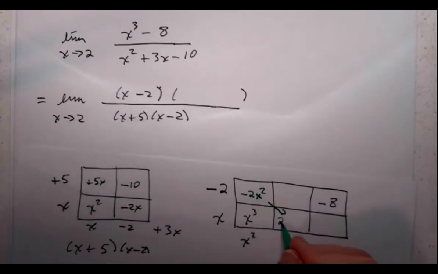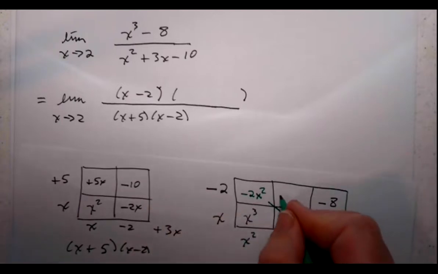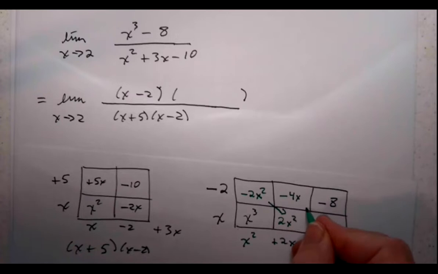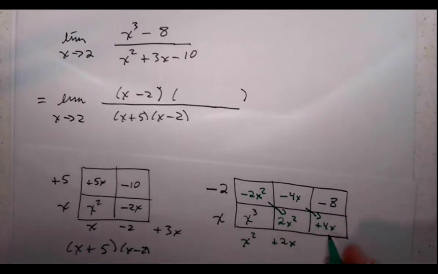So I need this to be positive 2x squared. X times what is positive 2x squared? How about positive 2x? Positive 2x times negative 2 would give me negative 4x. I need that to subtract out, so I need positive 4x here. X times what is positive 4x? Plus 4. 4 times negative 2 is negative 8. That checks.